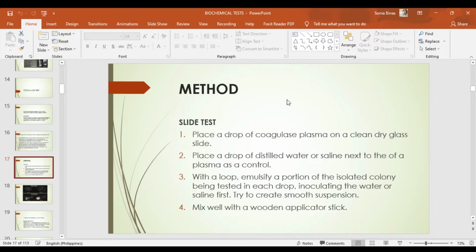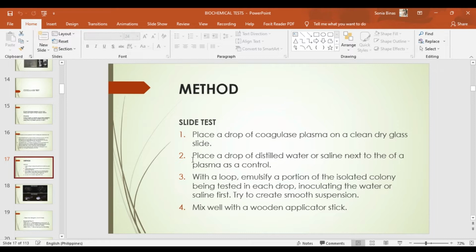So the method for our slide test, first, again, we will need a clean dry glass slide. And magdadrop po tayo sa magkabilang side ng glass slide ng saline and then ng ating plasma.